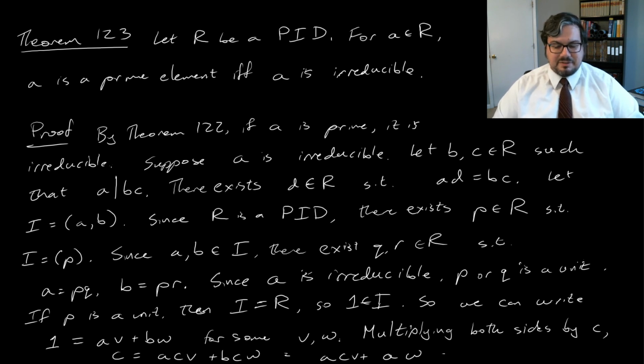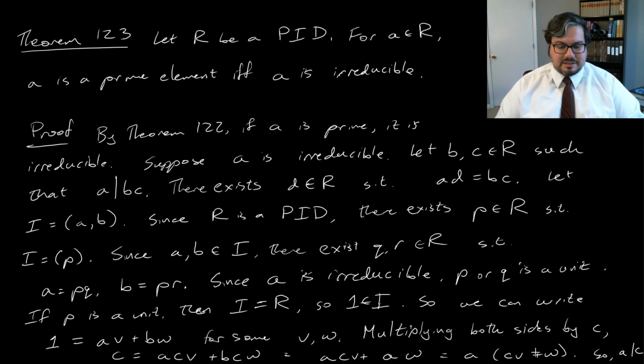So this is ACV plus ADW, which is A times (CV plus DW). So this means that A divides C. A times something is equal to C. So that's all great. That happens if P is a unit.